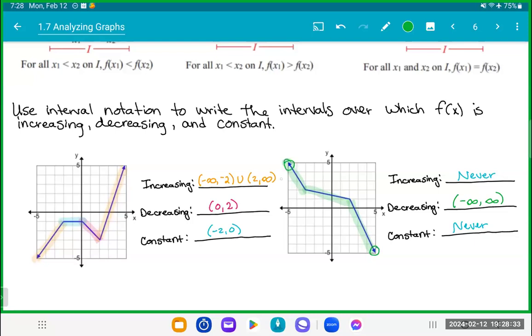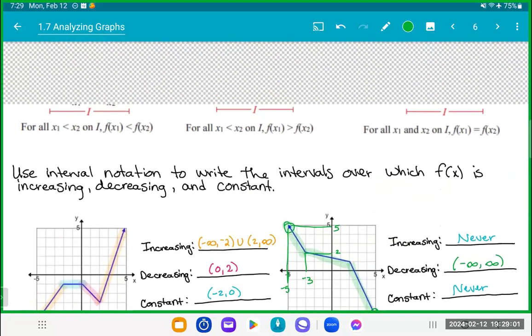Why it's decreasing is because if I'm at x is -5 and x is -3, here my y is 5 and my y is 2, right? But as I get larger in my x value to move over to the -3, my y value decreases. So it falls along this methodology here.